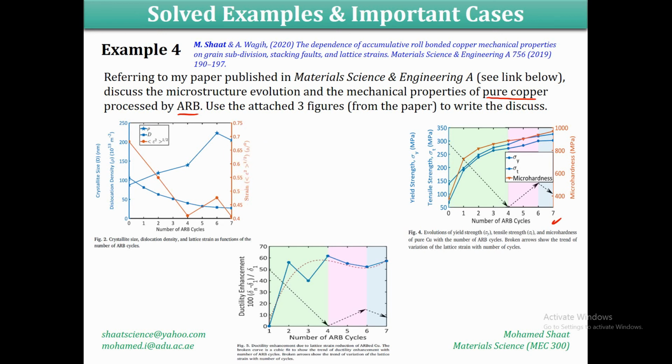So we measured this data experimentally based on the XRD analysis and TEM analysis, in addition to the lattice strain from the XRD analysis. But anyway, these are the experimental results as already given to us.